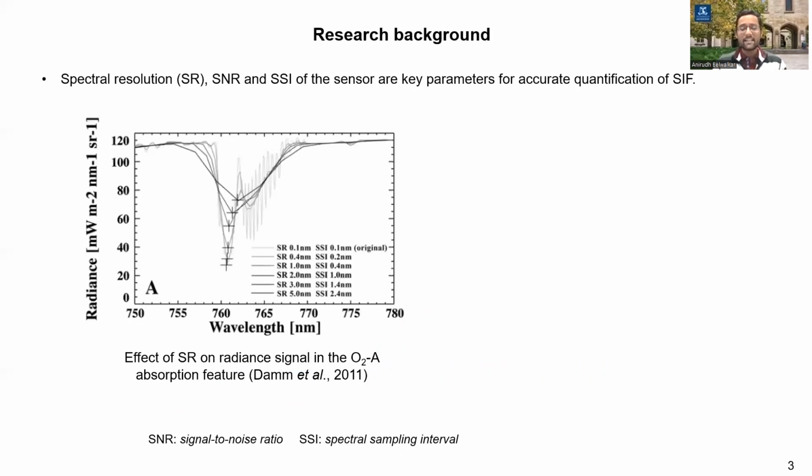In the current slide, the effect of spectral resolution on the radiance signal in the O2A absorption feature can be observed for different combinations of spectral resolutions using FLORIS simulations. As the spectral resolution reduces from 0.1 to 5 nanometer, a decrease in O2A absorption feature depth can be seen, and along with that, an increase in the absorption minima can be observed.